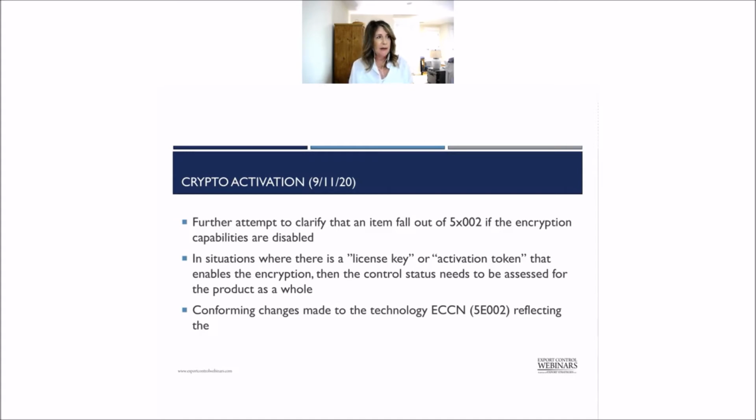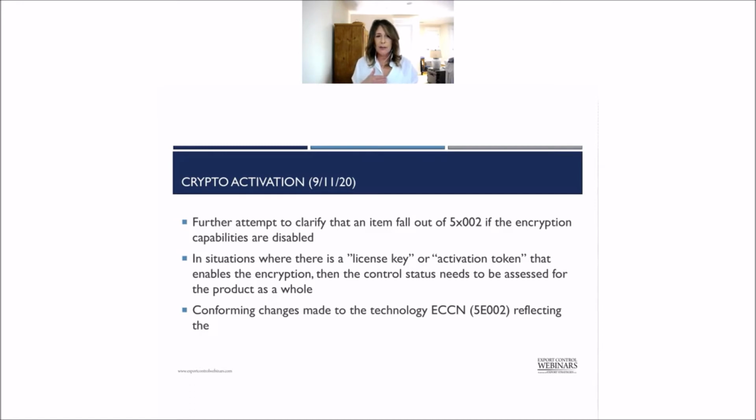But as a practical matter, I've had situations in the past several years where a company will manufacture an appliance with a multitude of functionalities, some including encryption, some not. If you don't have to have the cryptography piece activated, then there's a business reason why you might want one hardware appliance that does four things, one of which includes encryption.